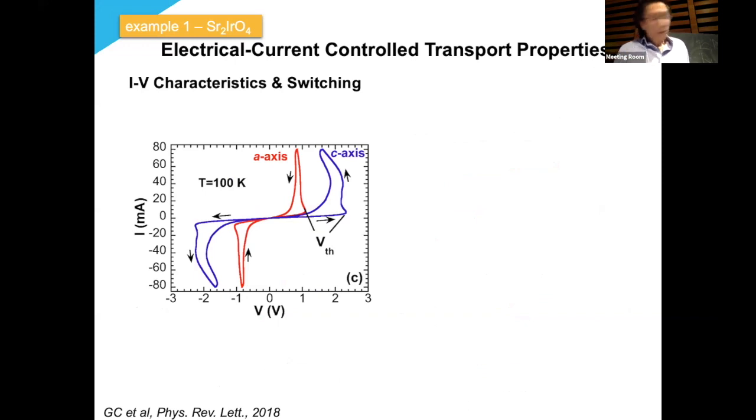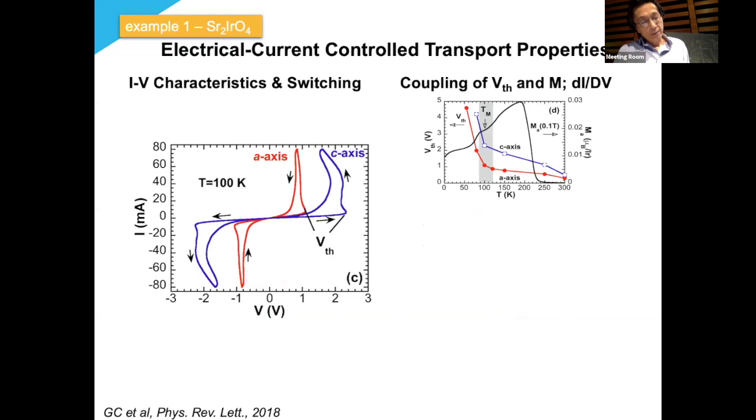This is the IV curve we measured again. Now we think we have some understanding of that. There's a threshold here, for instance, a turning point. We compiled all these turning points and compared these thresholds with magnetization. We see red dots at the thresholds.